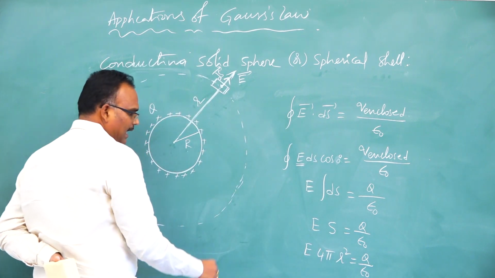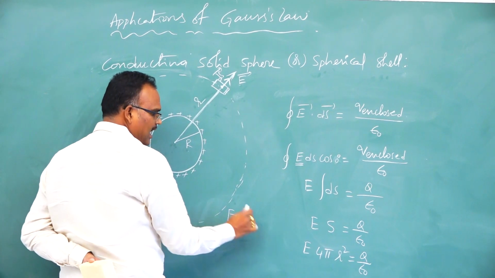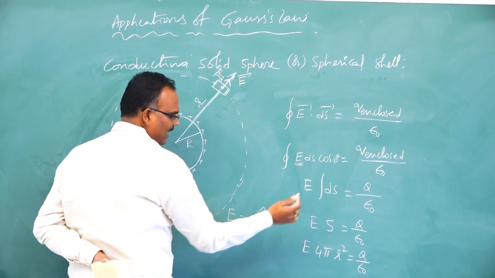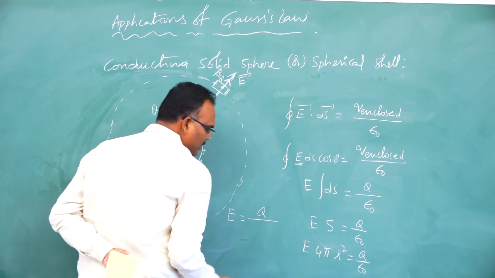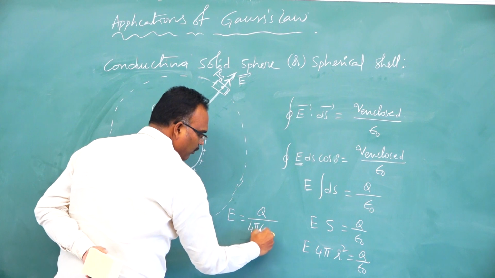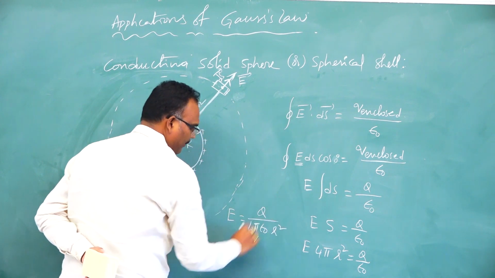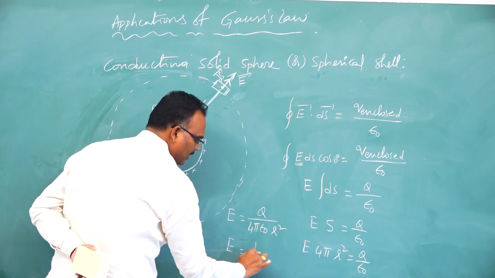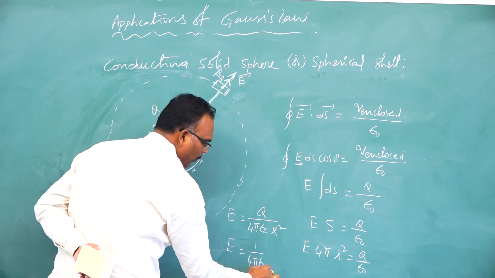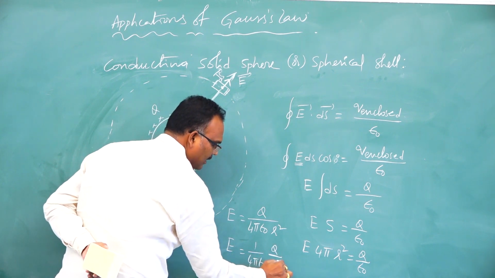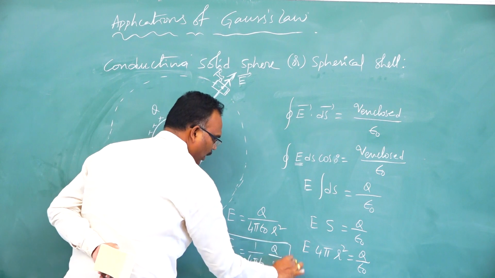Then I want to calculate only the electric field. So E is equal to q divided by 4 pi epsilon naught r square. So the electric field E is equal to 1 by 4 pi epsilon naught q by r square. This is important.